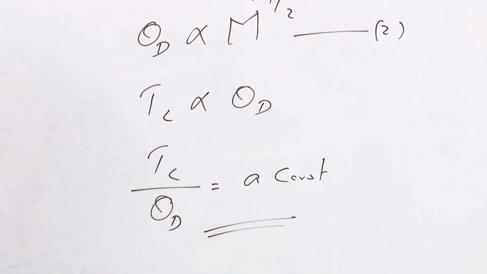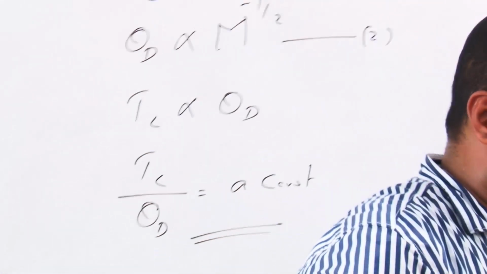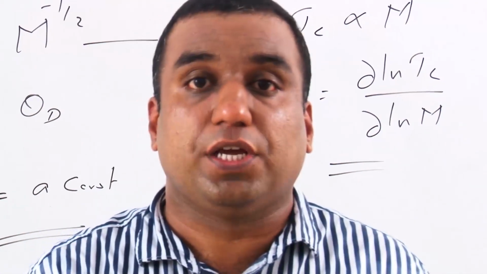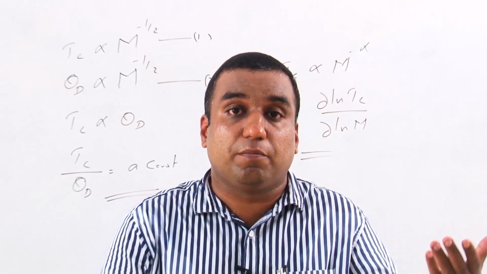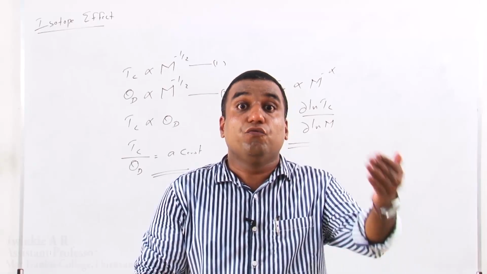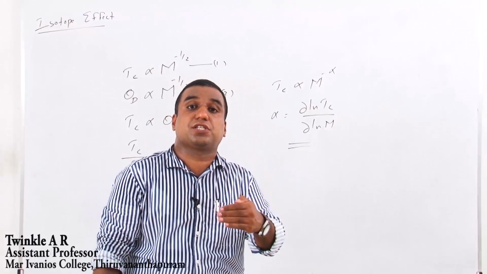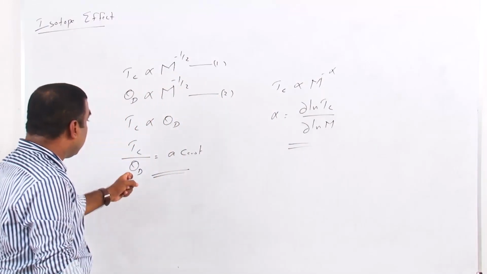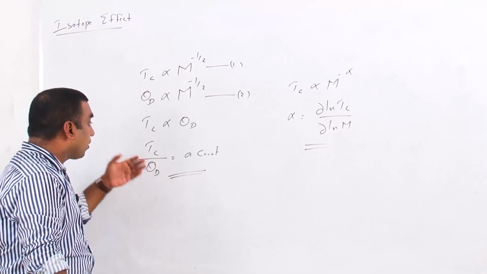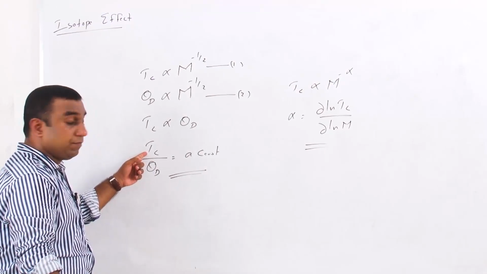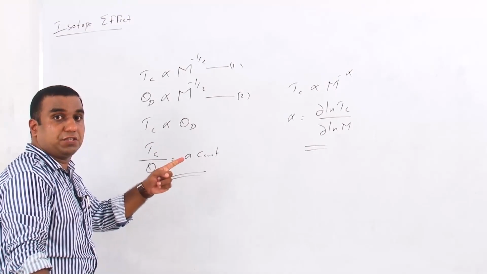This equation implies that while calculating the critical temperature for the theoretical development of superconductivity, we should take into consideration the lattice interaction also, because the Debye temperature is also found to be related to critical temperature, and this Debye temperature theta d is related to lattice interaction.